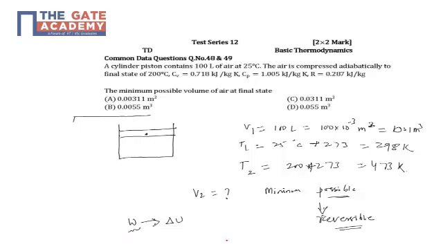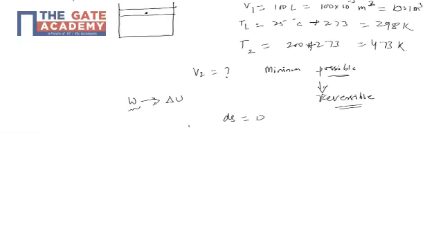And under reversible, what happens is that change in entropy is 0. So if I use the TdS equation, the TdS is du plus pdv. Now TdS is 0 because for minimum possible value it has got to be a reversible process.